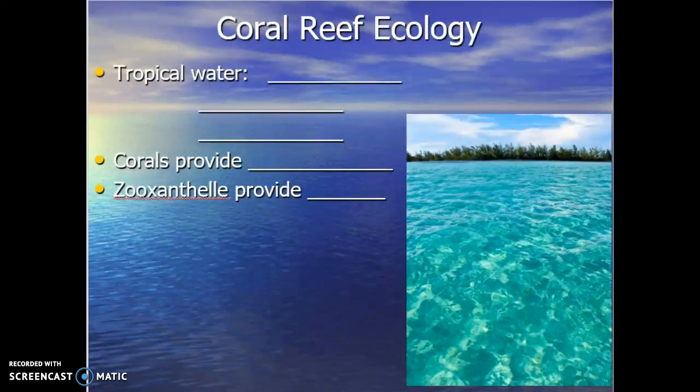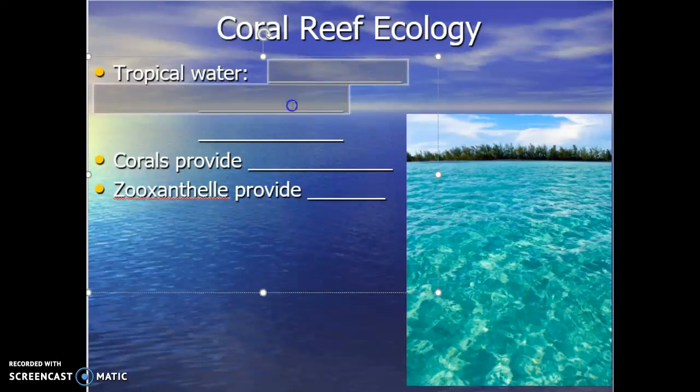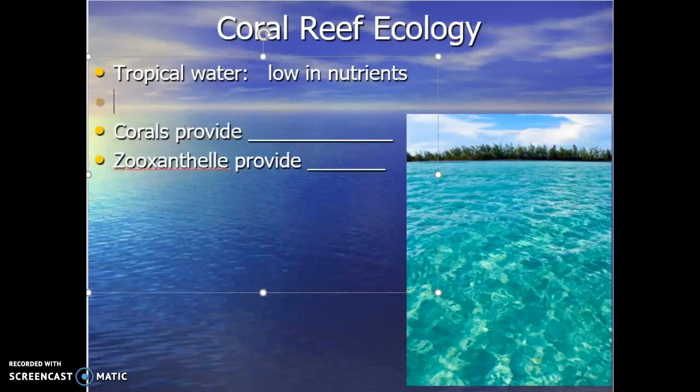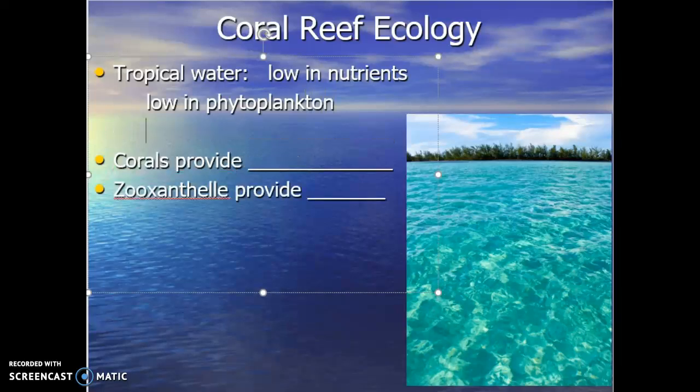Alright, so we've got three types of reef structures we want to keep in mind. So again, general coral reef ecology. Tropical water is low in nutrients. These are just key things I want you guys to remember and make sure you're comfortable with. Low in phytoplankton, or productivity, and low in primary productivity.